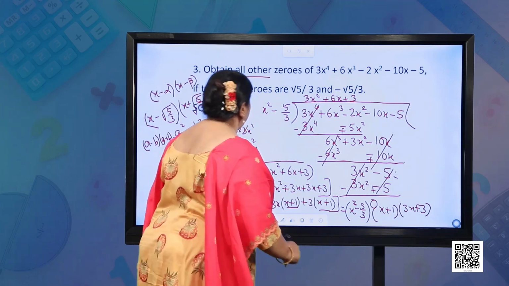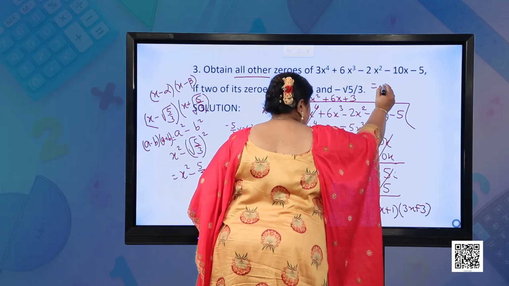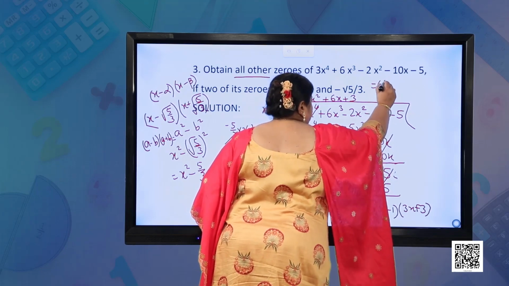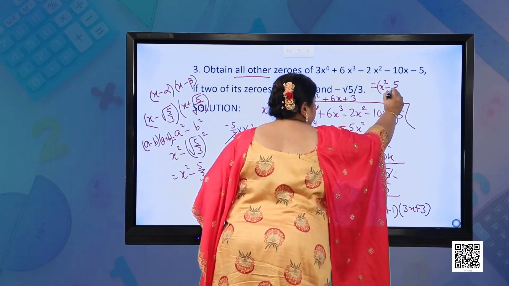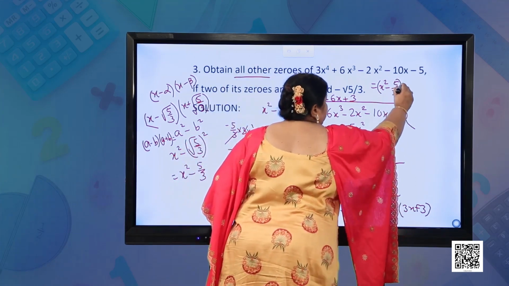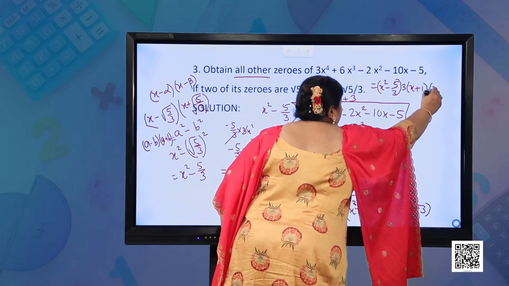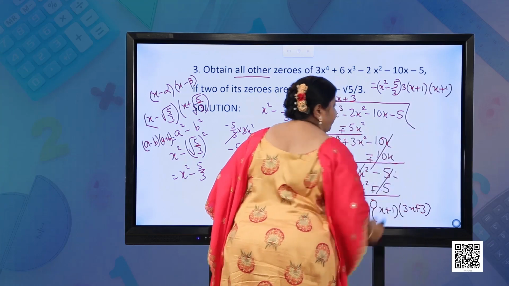Yes. So, what do I understand? I get x square minus 5 upon 3, this was already with us, and we have 3 if I take out common, x plus 1 into x plus 1 are the required factors.